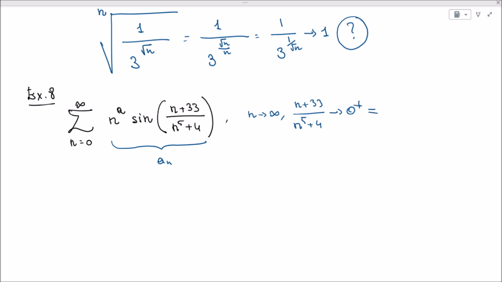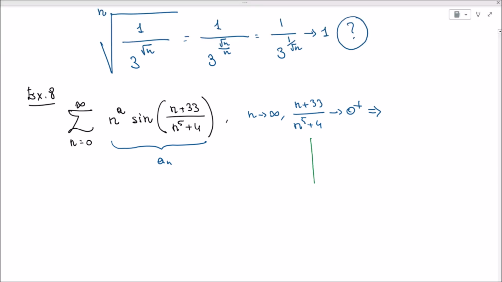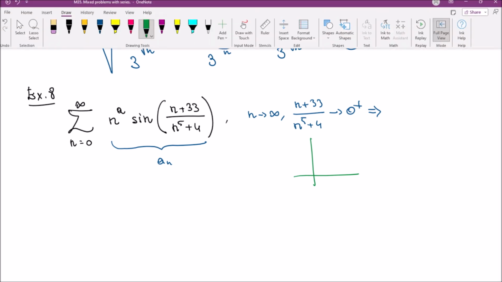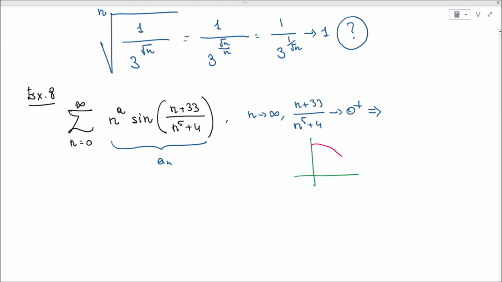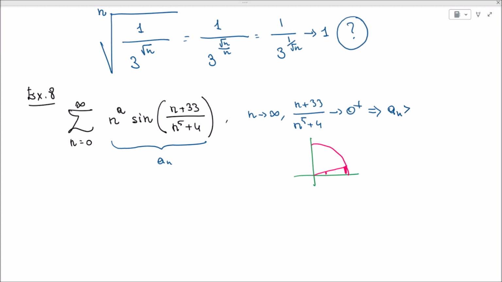Remember that if the angle goes to 0 from above, the sine will always be positive. So we can definitely conclude that an will be larger than or equal to 0 definitively. This is enough for us for applying our criteria.